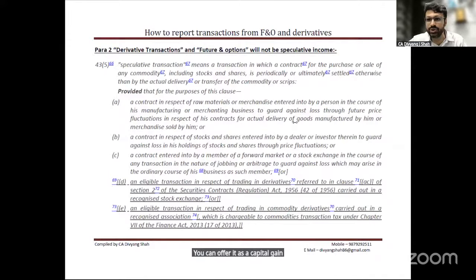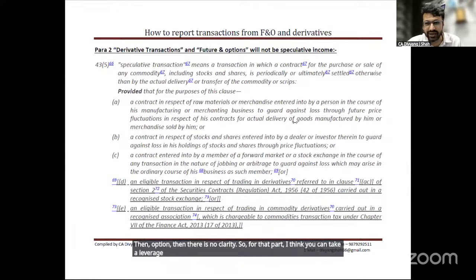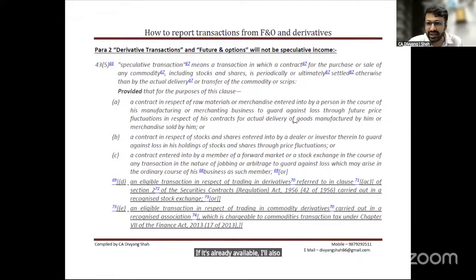We will not dispute that. But if the holding period is below 1 year, then there is no clarity. So for that part, I think you can take leverage or do some tax planning.